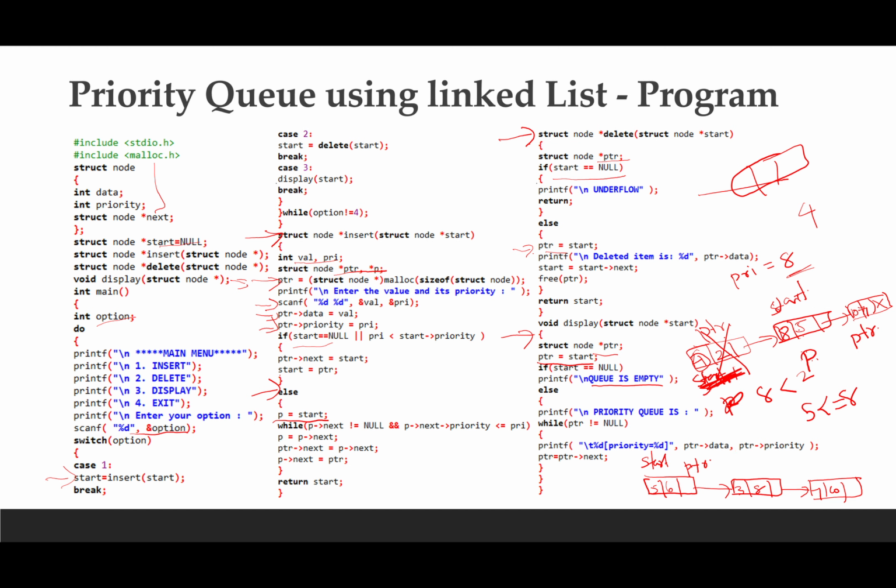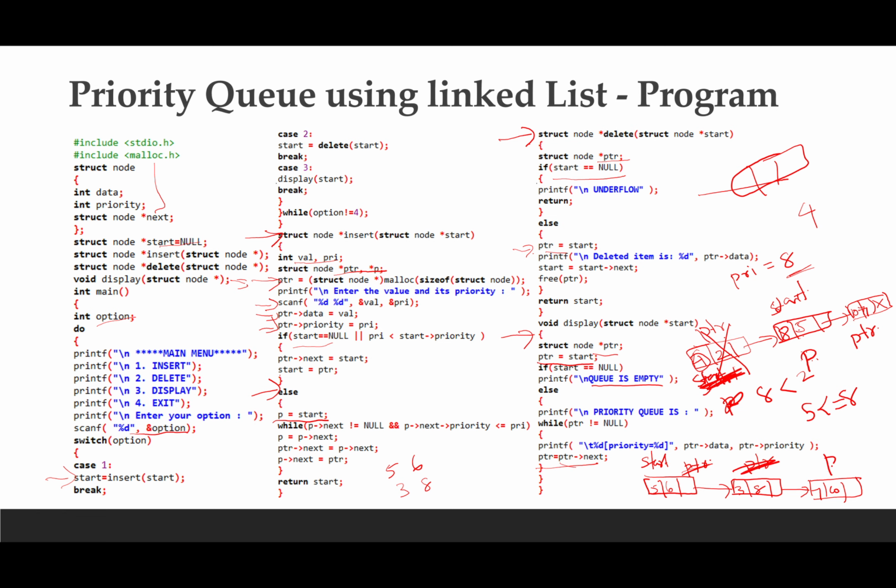Here the data is 5 and the priority is 6. Then next it will execute the statement ptr is equal to ptr next. Now this is the ptr node, and it will check the condition ptr is not equal to null. Yes, so inside the loop it will print the data and the priority, and we change the ptr.